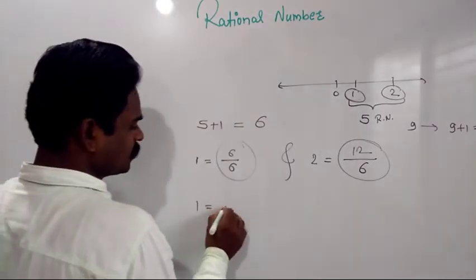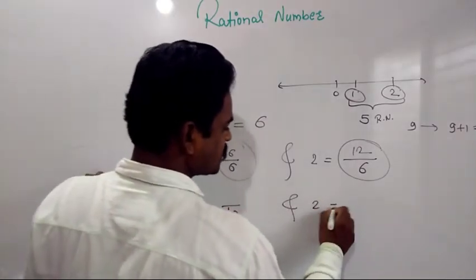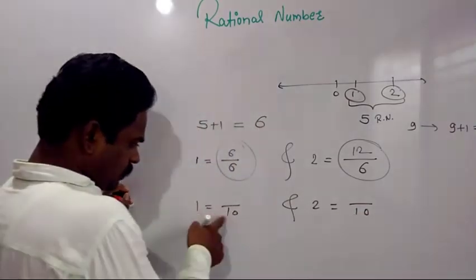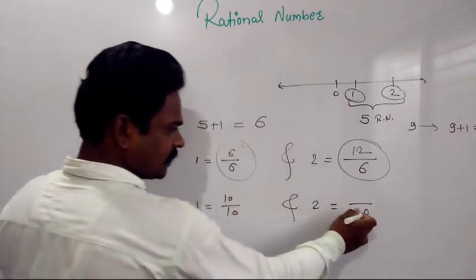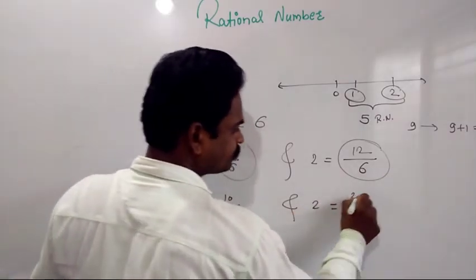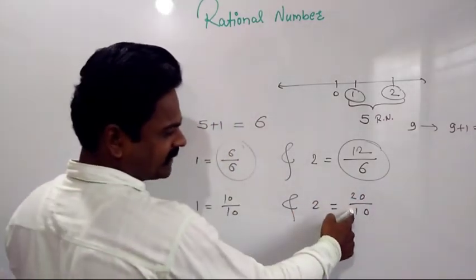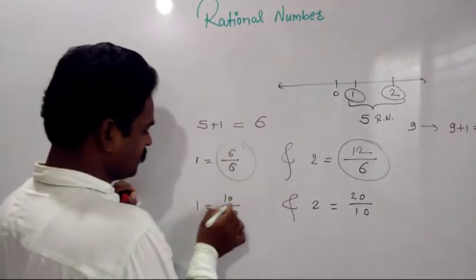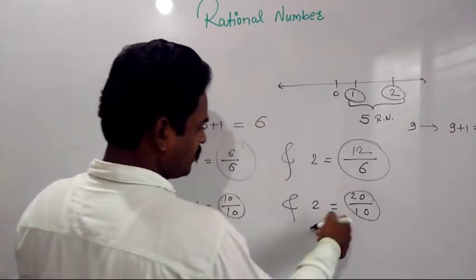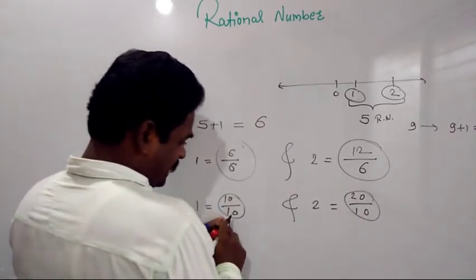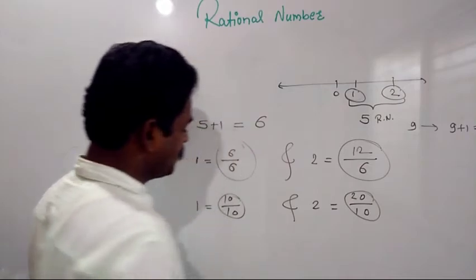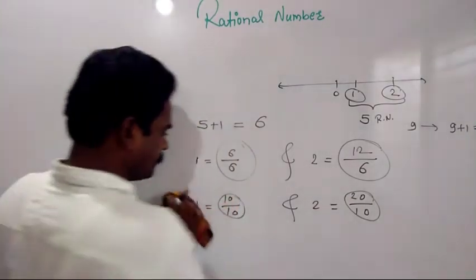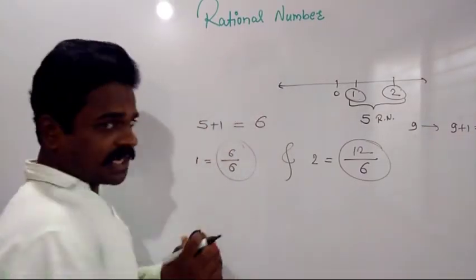So 1 is equal to 10 by 10, and 2 is equal to 20 by 10. 10 ones are 10, 10 twos are 20. If you divide 20 by 10, you will get 2, and if you divide 10 by 10, you will get 1. So write numbers in between 10 by 10 and 20 by 10. Procedure, have you got it?